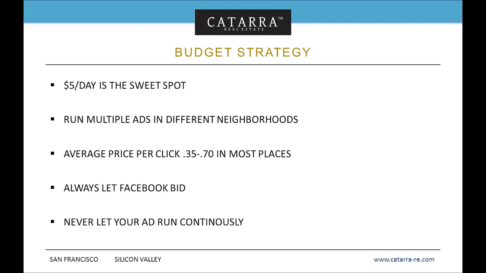The challenge with the lifetime budget is that you're going to scale the expense across however many days are between the start date and the stop date. So it's kind of the same difference. If you're going to do that across 30 days, or let's say a year, then you've got to figure out what your total spend is in advance and then just run it. I'm not a fan.